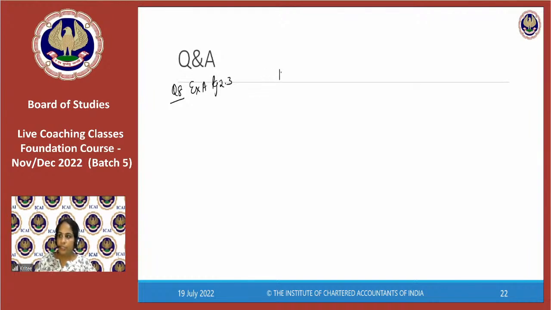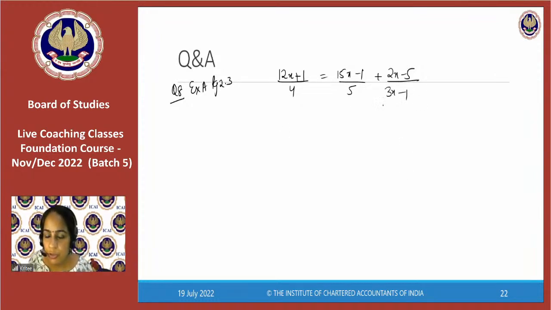It says 12x plus 1 by 4 is equal to 15x minus 1 by 5 plus 2x minus 5 upon 3x minus 1. Again, one way is, if you don't want to play around with x's, simply pick up the values and start substituting.